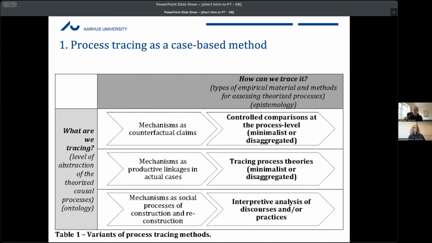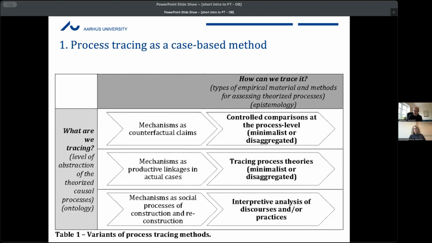For analyzing, for example, networks, you could use different forms of discourse network analysis or social network analysis, etc. In theory you could also do experiments, but understood in a more mechanistic way, where we're not so much interested in the actual difference, but in observing what's going on after the treatment, what's happening in the positive cases. So in this respect, process tracing is methods agnostic.